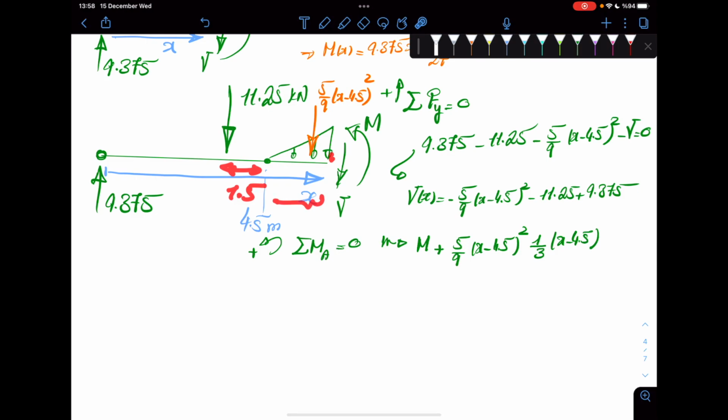So that would be the distance of that point. So that would be plus 11.25 times that distance. The distance, again, for clarity I write it like this, is x minus 4.5, which is this distance plus this distance, which was 1.5 anyway.